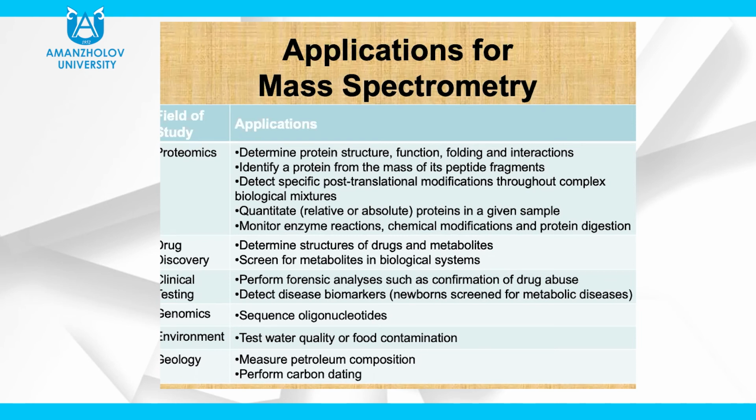Mass spectrometry is also used in drug discovery to determine the structure of drugs and metabolites, and to screen for metabolites in biological systems. In clinical testing, it is used to perform forensic analysis, such as confirmation of drug abuse, or to detect disease biomarkers.